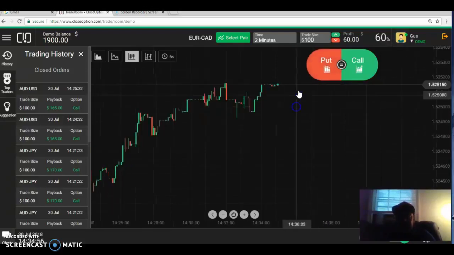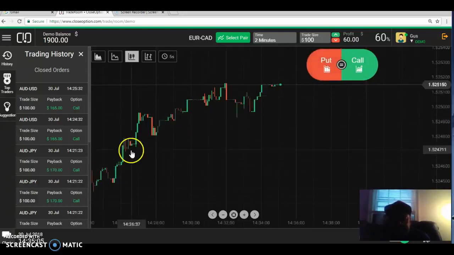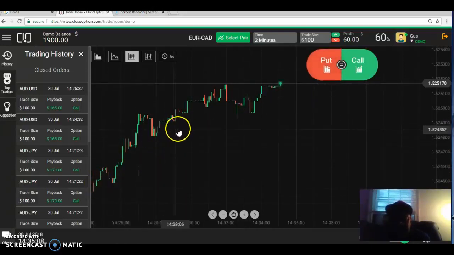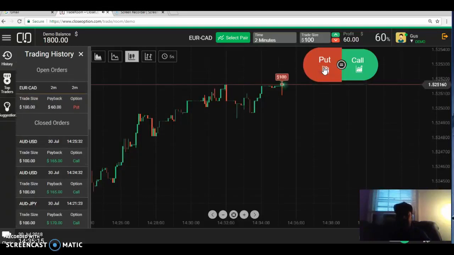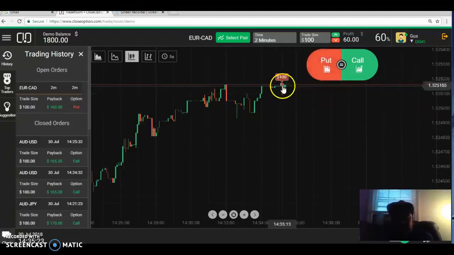So I'm going to sit on this currency for a second and just wait for a bearish candle, and then I'm going to hit a put trade. But these are the kind of setups I'm looking for. You see how it's been going higher and higher, and then it hits this level of resistance. All right, boom. So I'm going to go ahead and hit a put trade here because it wanted to go back downwards, and we're going to monitor this trade.